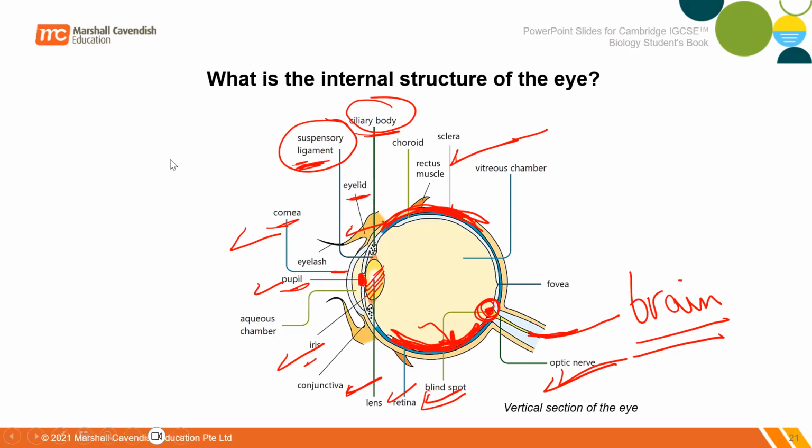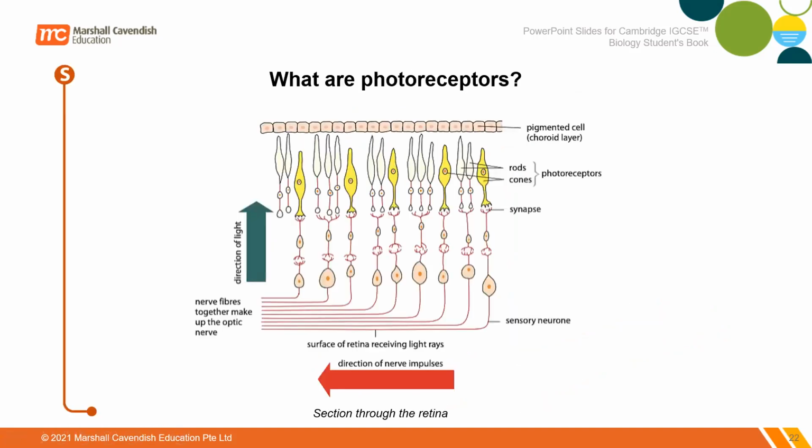طيب خلينا نعرف بقى الفوتوريسبتورز. الفوتوريسبتورز found on the retina, and the retina itself made up of two types of nerve cells of sensory neurons. Two types of nerve cells اللي بنسميهم الفوتوريسبتورز اللي connected لل sensory neuron. اوكي ايه هم بقى التو تايبس دول يا دان؟ Rods and cones.